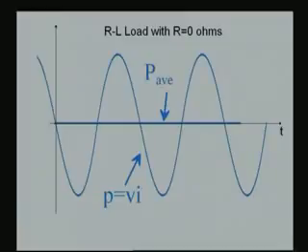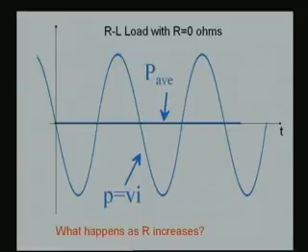Let us have this graph again with the time axis as the x axis and the y axis now showing the power, because we are taking only the power curve. For an inductive load, start with R equal to 0. We saw that the average power was 0.